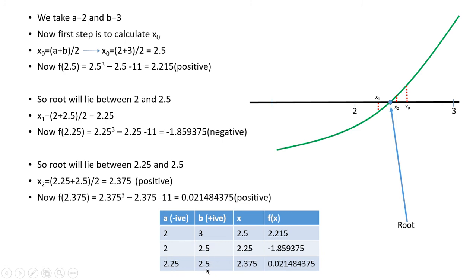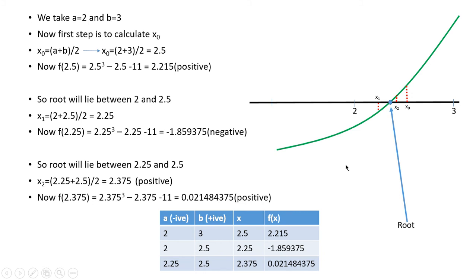So you will again calculate a midpoint and write it in the x column and calculate f of x, and the process continues. So this is the really easy and quick way to solve the question with the bisection method.